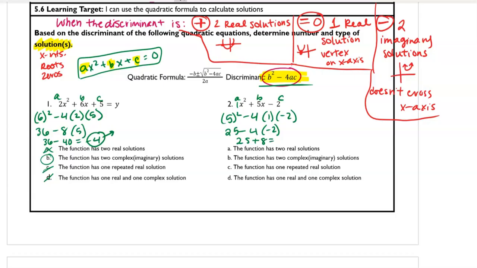So 25 plus 8 is going to give us 5, 6, 7, 8, 9, 10, 11, 12. 32. Now that is a positive number, so we have positive discriminant, which means 2 real solutions. Which one of these answers says that? A.